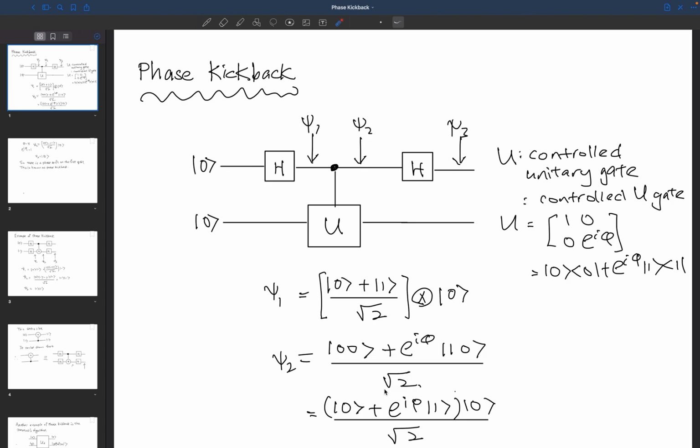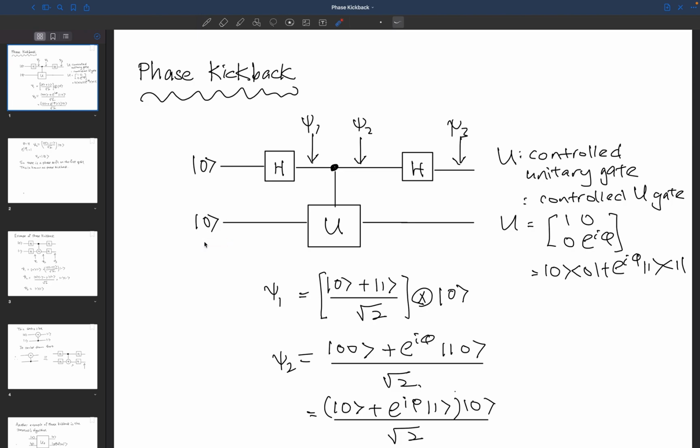The main idea of phase kickback can be illustrated with this two-qubit system. U is a controlled unitary gate whose action on the target qubit depends on the state of the control qubit. If the control qubit is in state 0, then nothing happens to the target qubit.